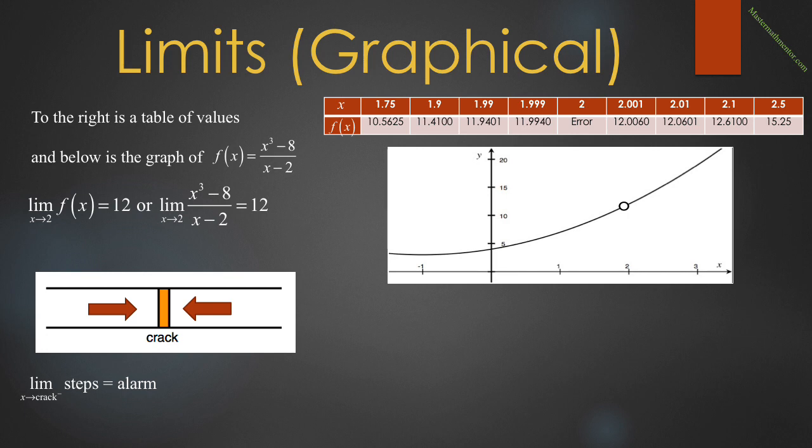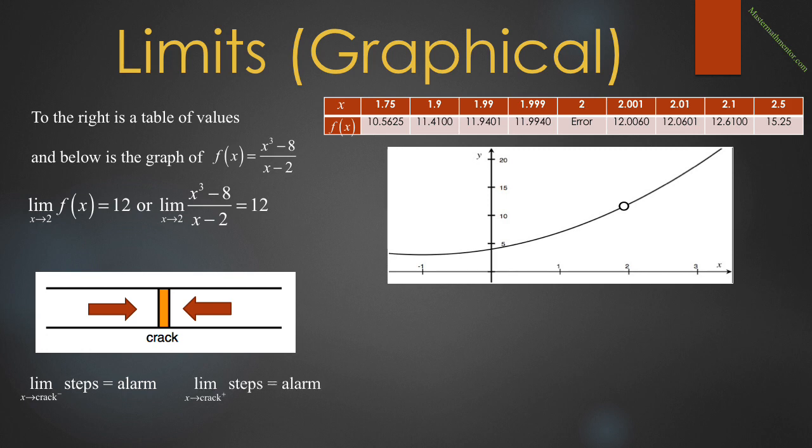The same thing is true if we approach the crack from the right-hand side. We could say that the limit as x approaches the crack from the right-hand side, or the positive side, of our steps is also equal to the alarm going off.